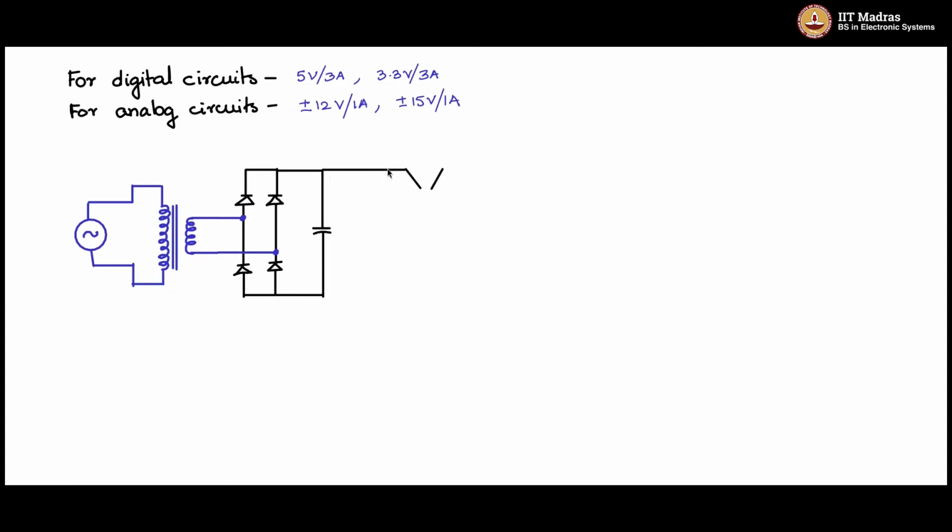and the output of the capacitor is given to the load, and the load in this case is a linear regulator. So the linear regulator consists of a series pass element like a BJT. It is also called a series drop element. It drops the varying voltage across this, and at the output you have a voltage sensing arrangement.